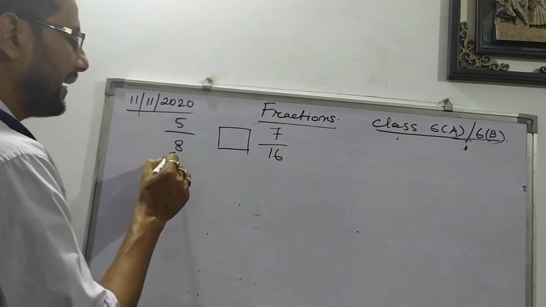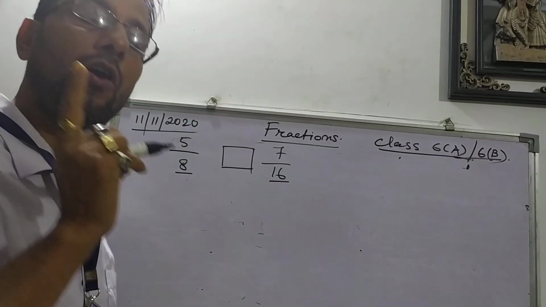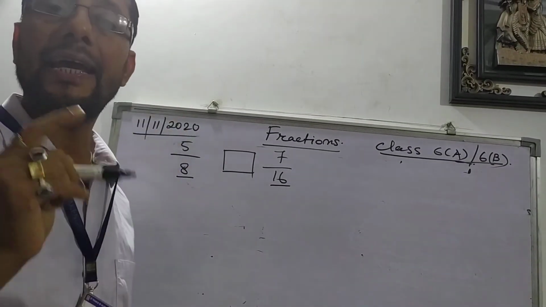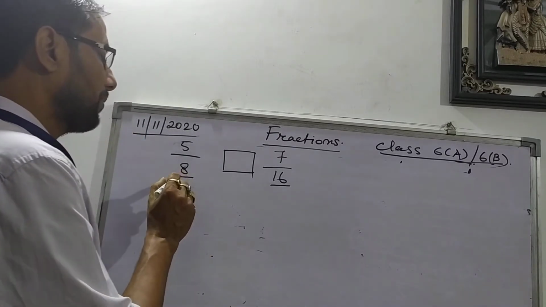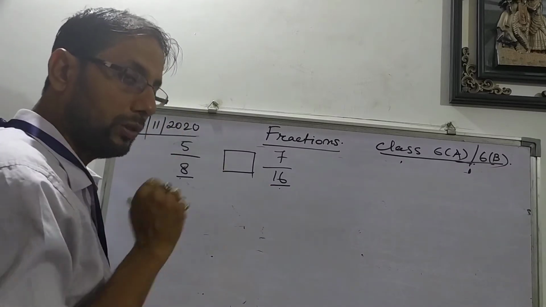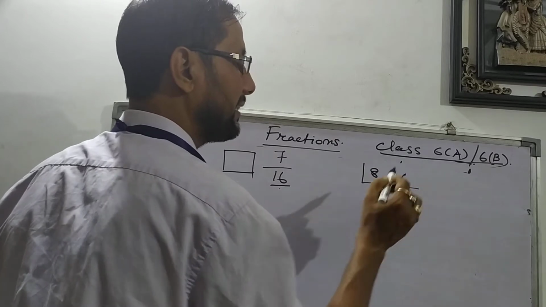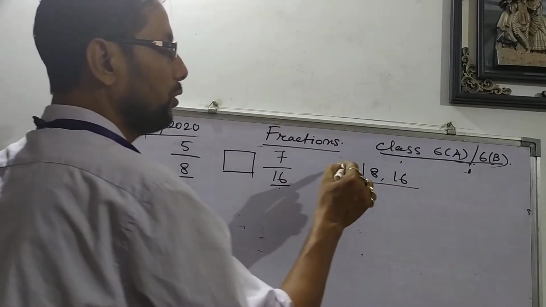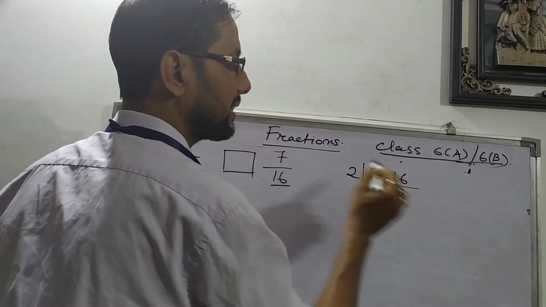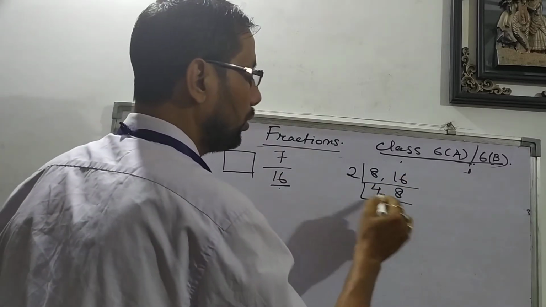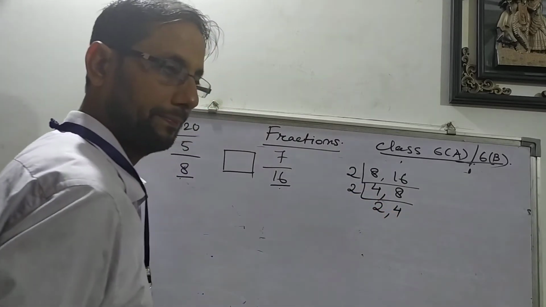I will take the LCM of 8 and 16. As we have already learned about the LCM in the factors and multiples chapter, I will find the LCM of these two. We know the method, so let me show you, 8, 16. How we find the LCM, though we have discussed earlier. 2 4s are 8, 2 8s are 16. 2 2s are 4, 2 4s are 8.